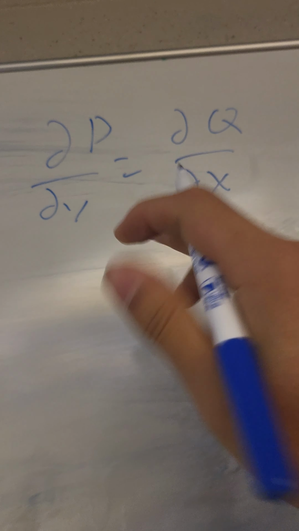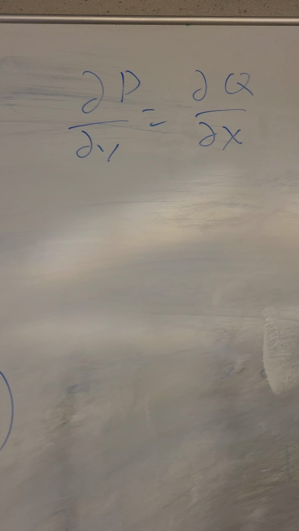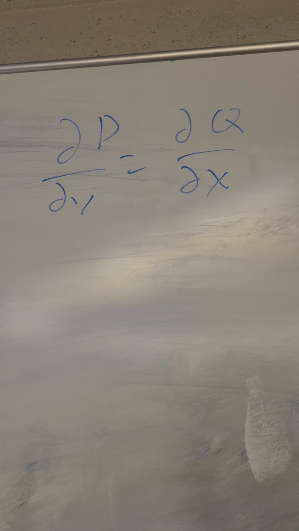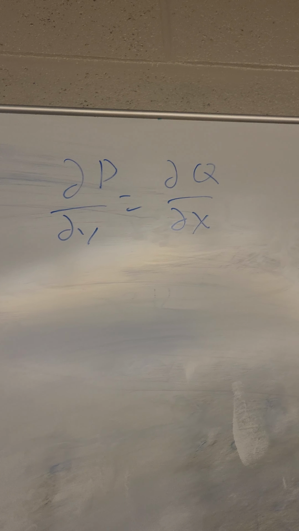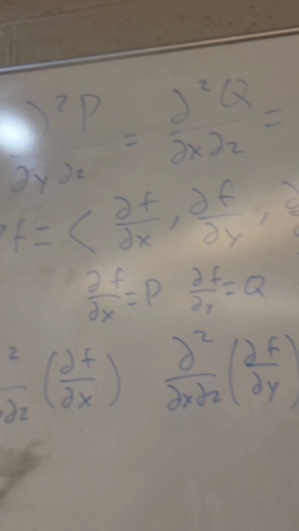If this equation is satisfied for a vector field, that means the vector field is a conservative field. But the reason this doesn't work for a 3x1 matrix is because it only has two things in it. So I just extended it to 3 dimensions, and I'll show you how that works.